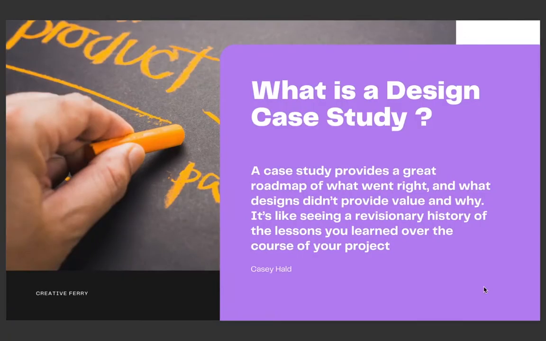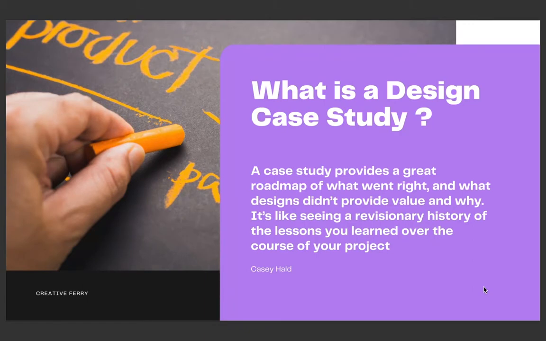All right, another definition is by Cassie Held. A case study provides a great roadmap of what went right and what value the designers provided and why, right? So it's like seeing a revolutionary history of a particular lesson that you learned over the course of your project.